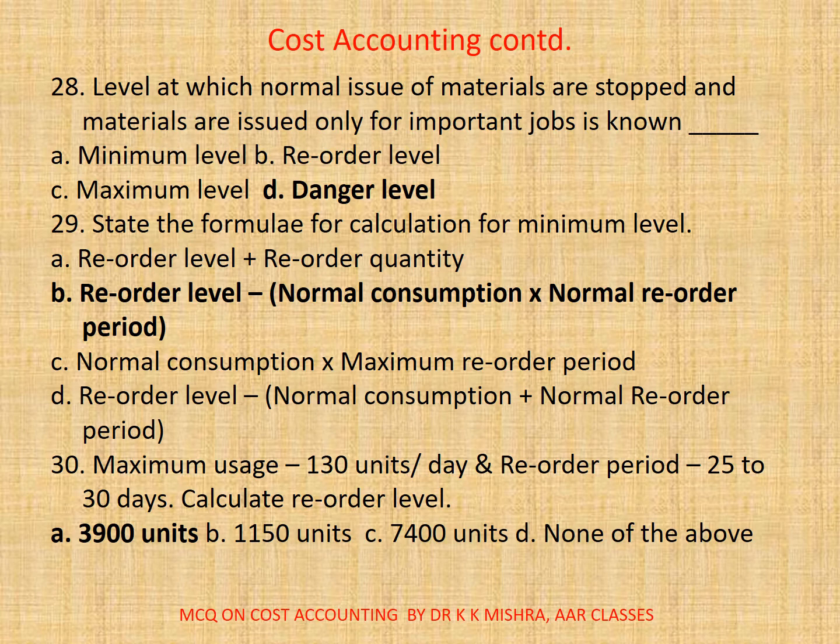So here correct option is B. Reorder level minus normal consumption into normal reorder period. Now 30. Maximum usage, say, here certain information is given: 130 units per day, reorder period is say 25 to 30 days. Calculate the reorder level. If you calculate with the formula discussed above, here the correct option is 3,900 units.